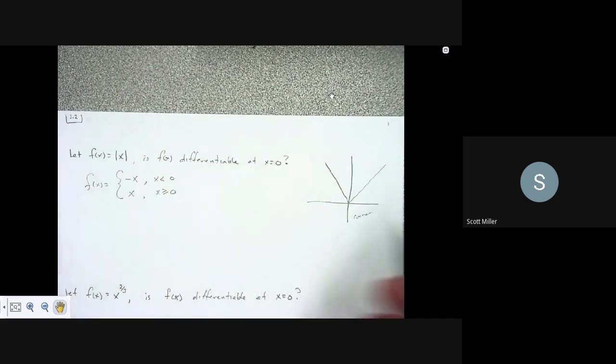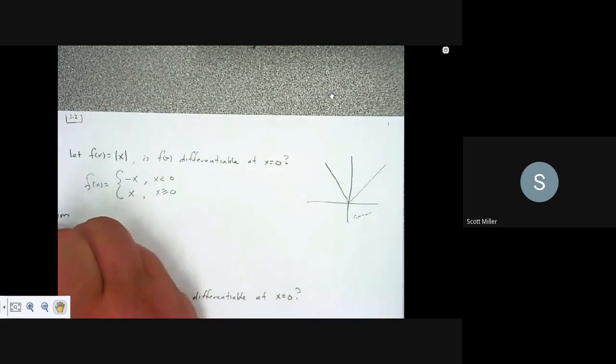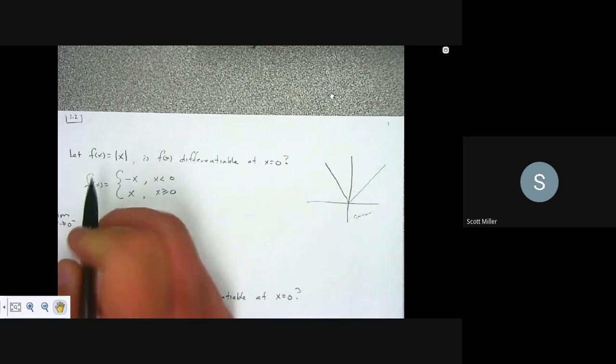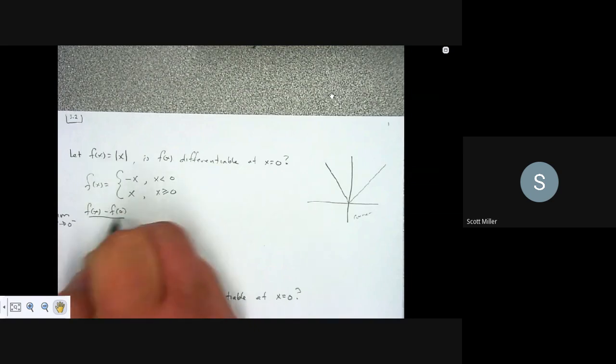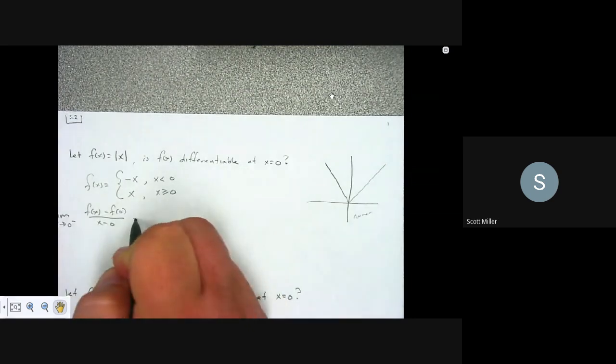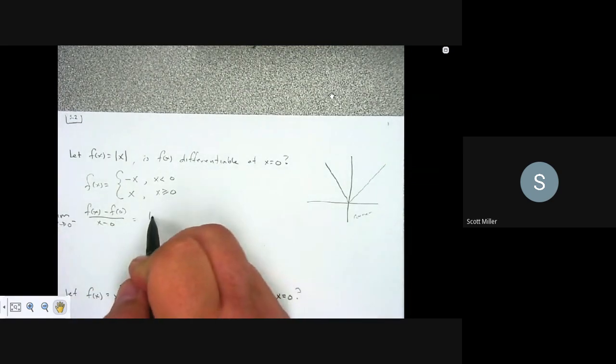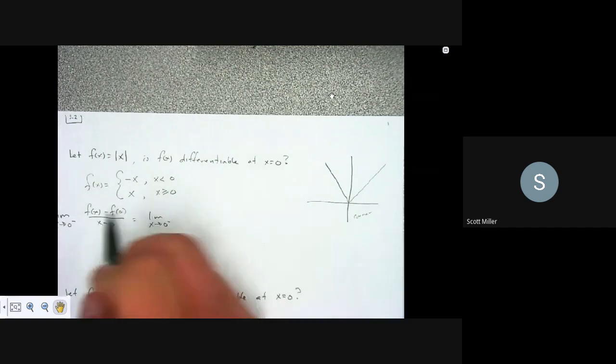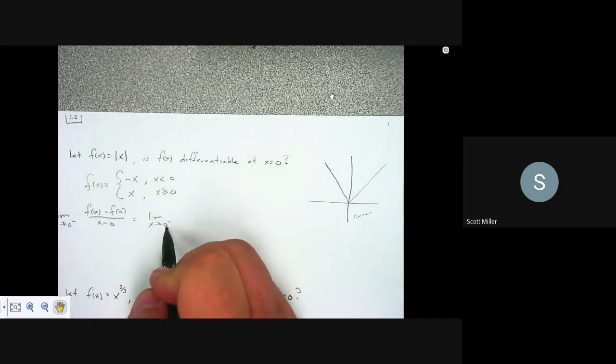So we need to find the limit as x approaches 0 from the left of f of x minus f of 0 over x minus 0. As we go through all this, from the left, what is f of x when x is approaching 0 from the left?